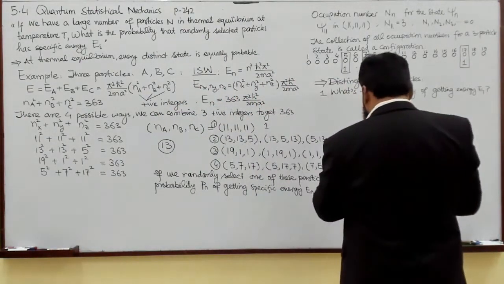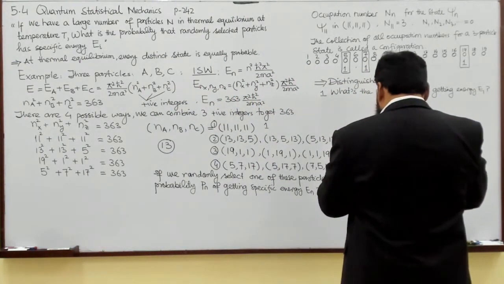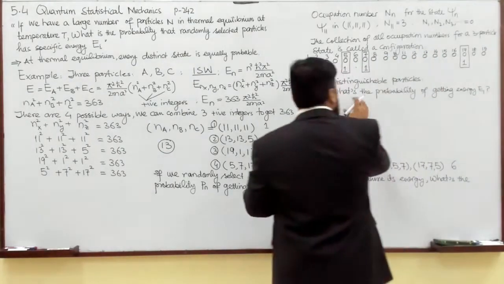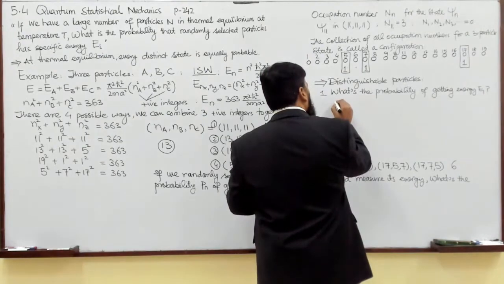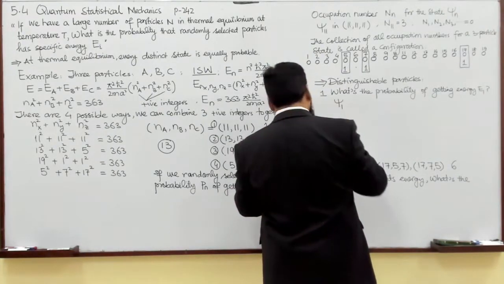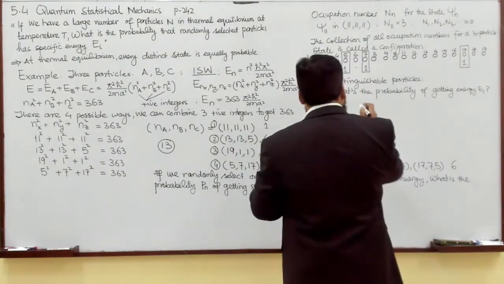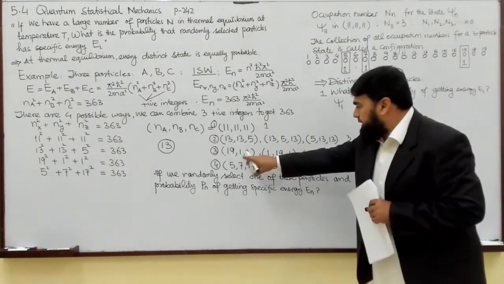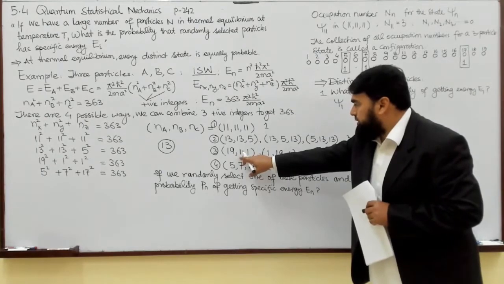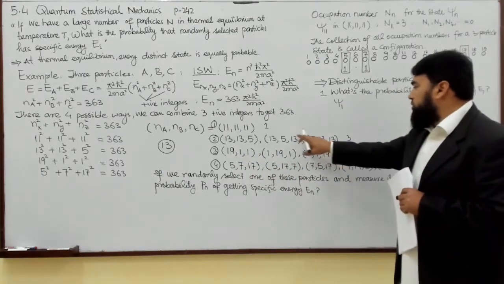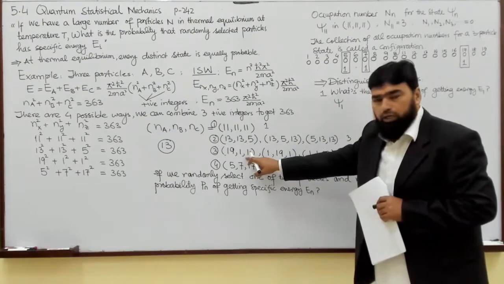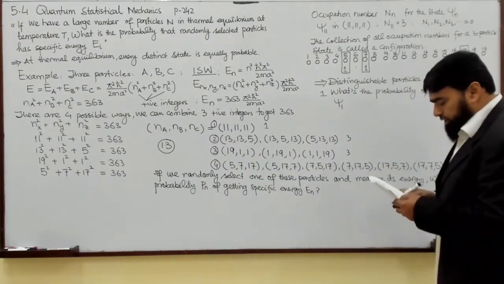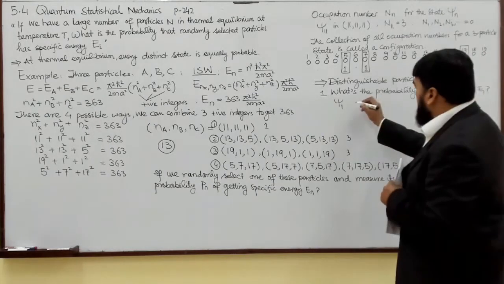I know which configuration contains the particle in state 1. That is psi 1. And where is psi 1? Psi 1 is in configuration 3 only, because none of the other configurations contains 1. So psi 1 is in configuration number 3.